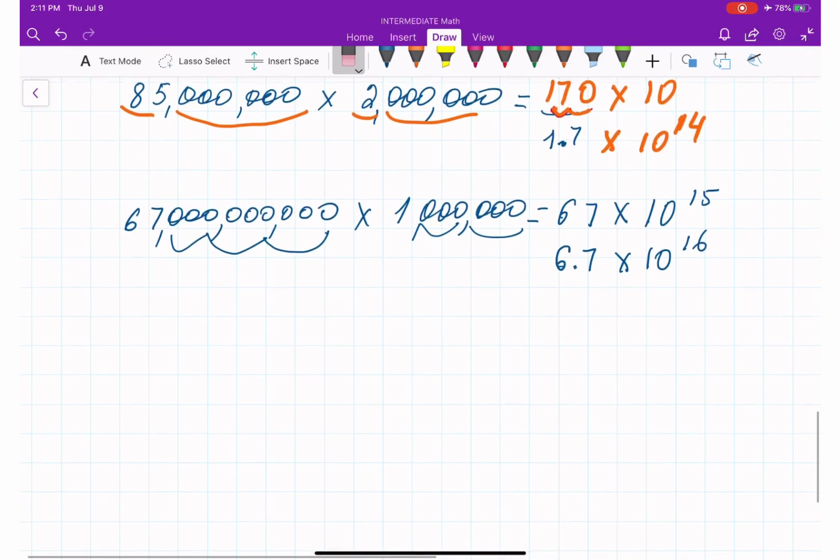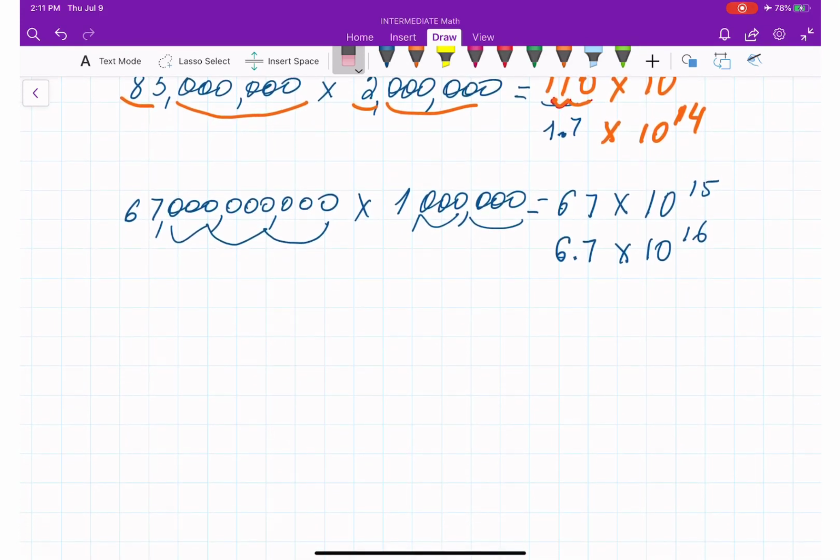Let's do the last case. Okay. Let's assume I have 0.00004 raised to the power 4.